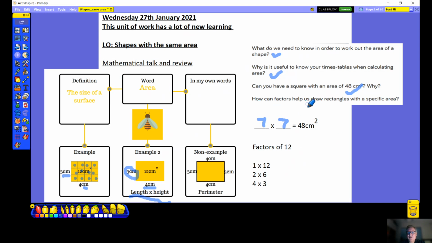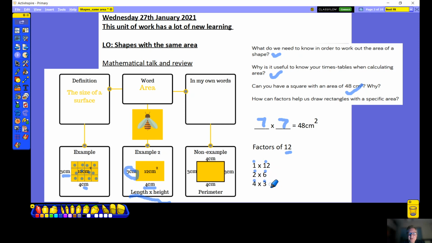How can factors help us draw rectangles with a specific area? So if you're given an area to draw, well, factors of 12. Let's imagine that we have been asked to draw a rectangle with an area of 12 centimeters squared. So there's the 12. What are the factors? Done them as pairs: 1, 12, 2, 6, 4, 3.